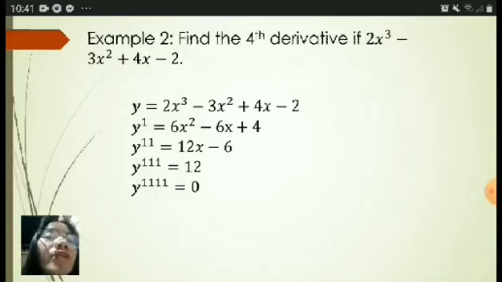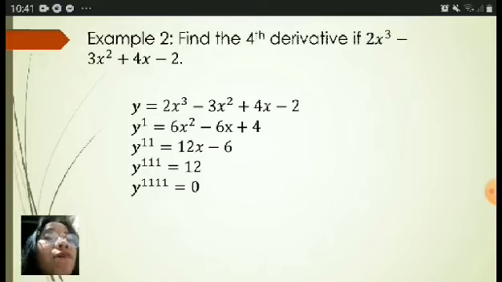Then the second derivative, just multiply also. So we have 6 times 2 is equal to 12x minus the derivative of 6x is 6 plus the derivative of 4, which is 0. Then the third derivative is the derivative of 12x is 12 and the derivative of the constant 6 is 0.